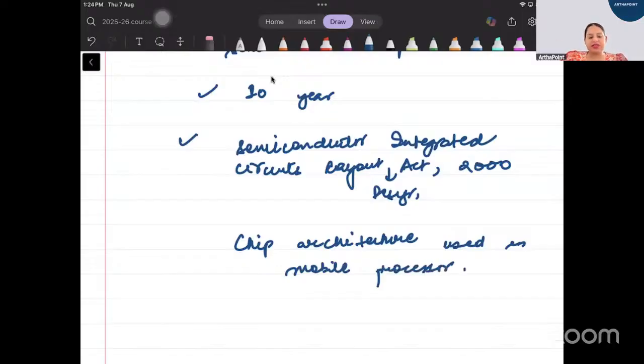Is it making sense? So these are the different kinds of acts that you have to protect your different businesses, to protect different secrets. Okay. Okay, beta.